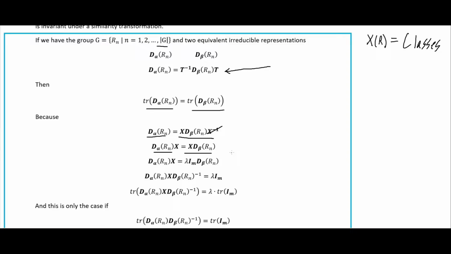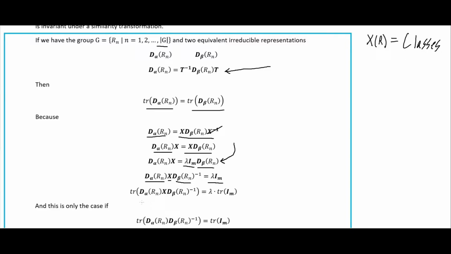And we know from the previous video using Schur's lemma that this has to be equal to some scalar multiple of the identity matrix. So if we take the inverse of this beta representation on both sides, we have d alpha with our x, then d beta inverse, equaling some scalar multiple of the identity matrix.